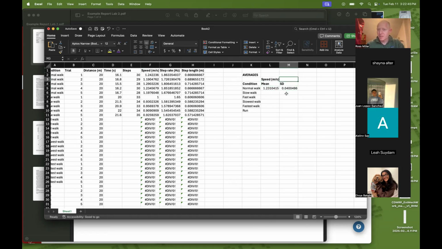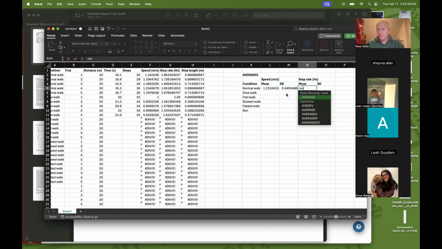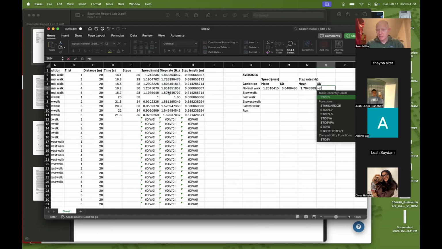So we'll do that for speed. We will also do it for step rate. Have a mean and a standard deviation for that. So I'll do the average of my five step rates for that condition. And then STDEV, standard deviation of those five step rates.